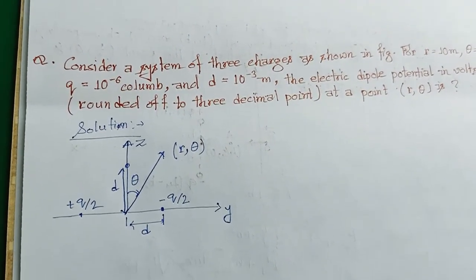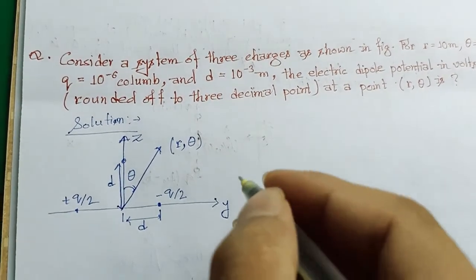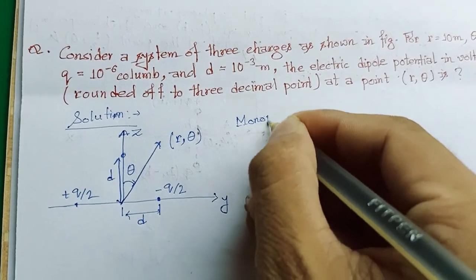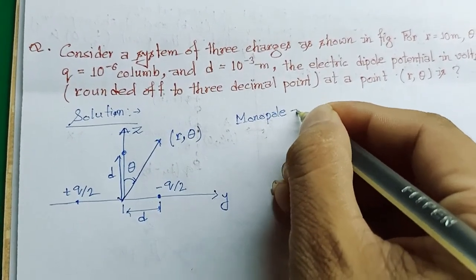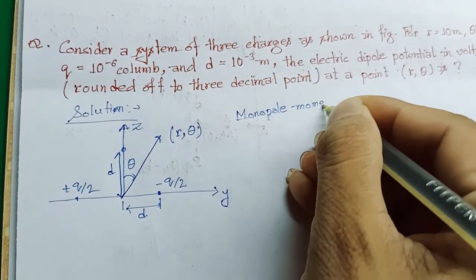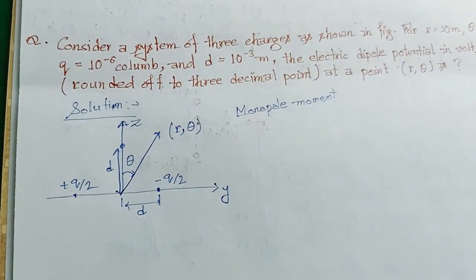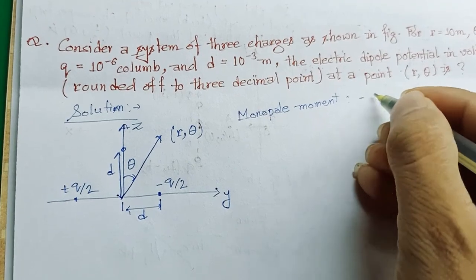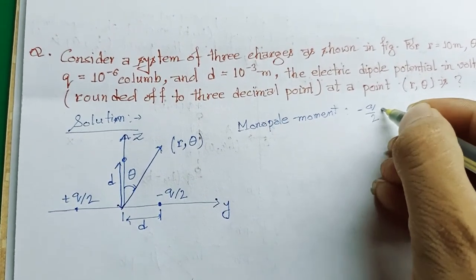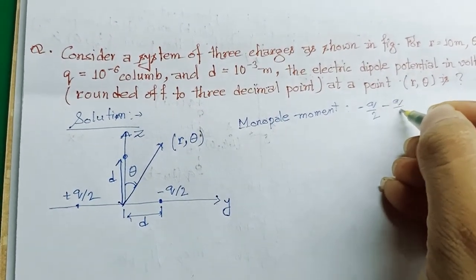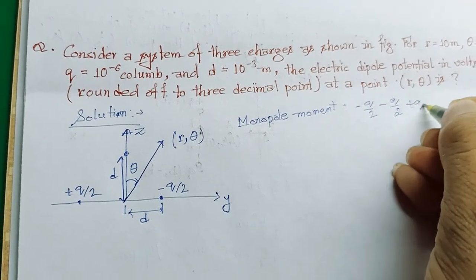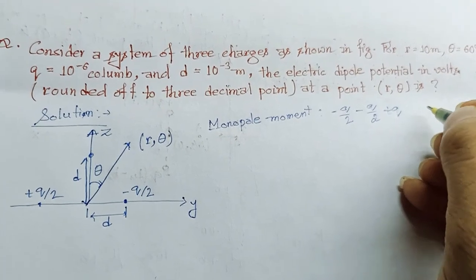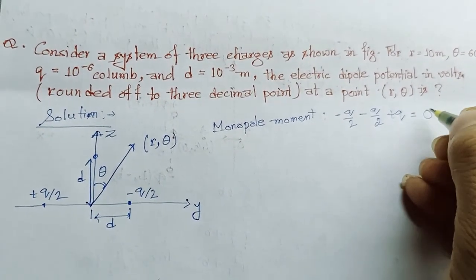Now the monopole moment is equal to minus q divided by 2 minus q divided by 2 plus q, which is equal to 0.